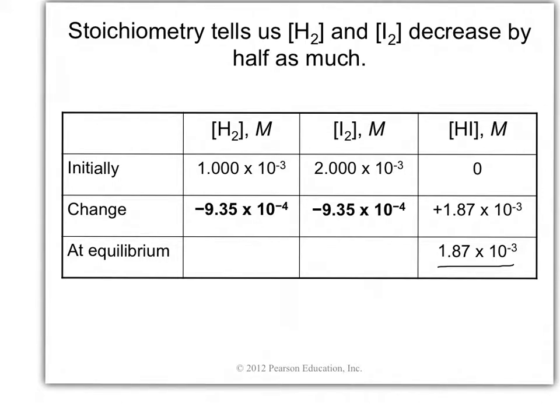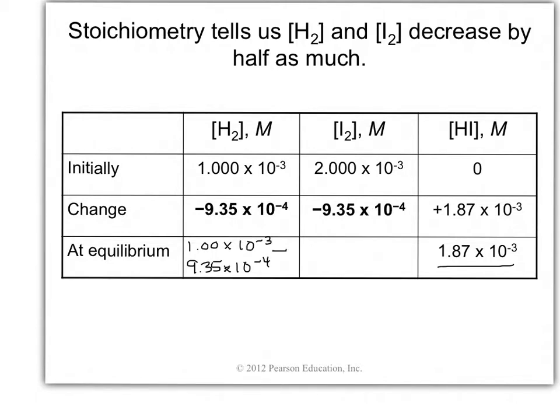And at equilibrium, I'm going to have to take my initial value, which is 1 times 10 to the minus third, and then subtract the amount of H2 that was depleted during the course of the reaction.